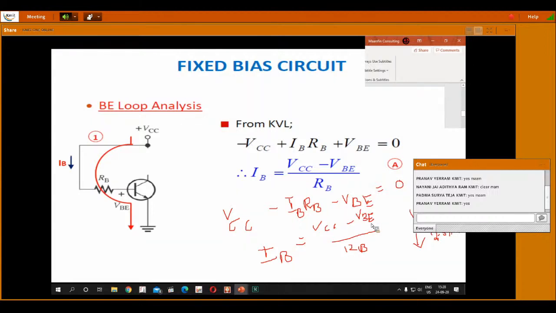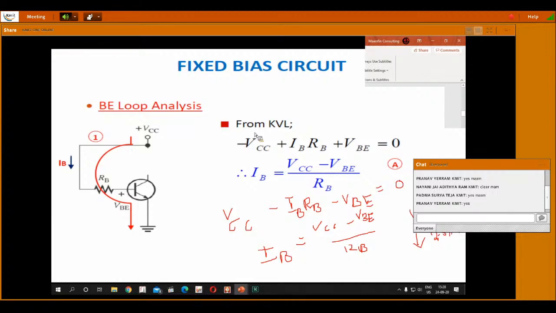So unless the temperature increases, IB is kept constant because I have fixed values of VCC and RB. If IB doesn't change, then it won't affect the output current, the collector current IC.